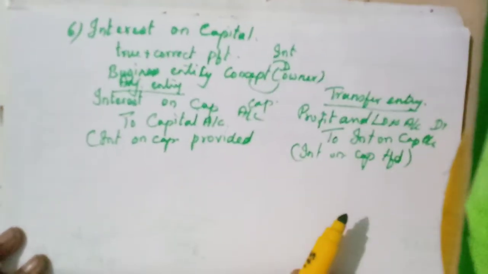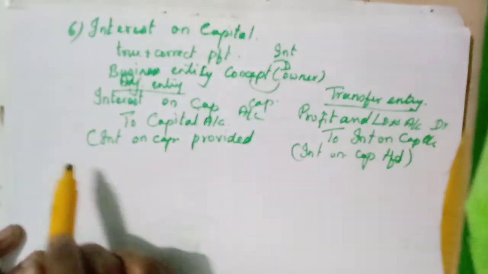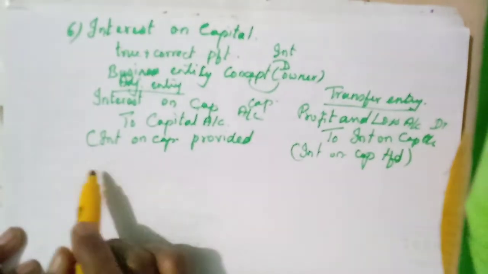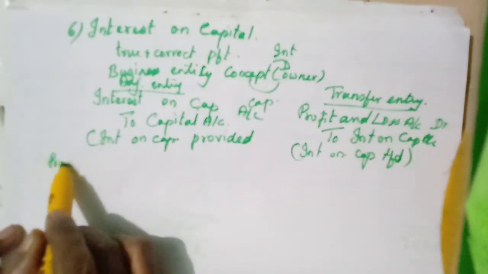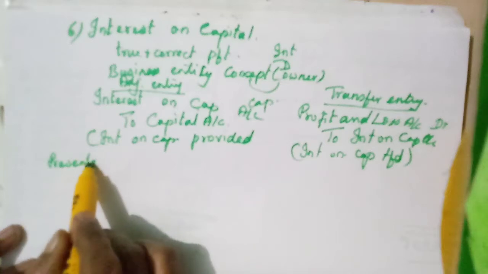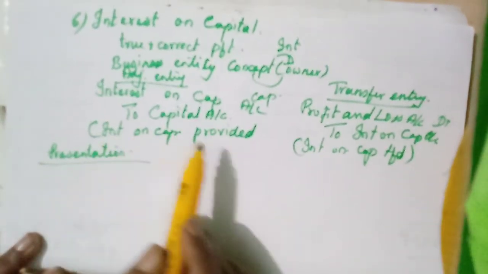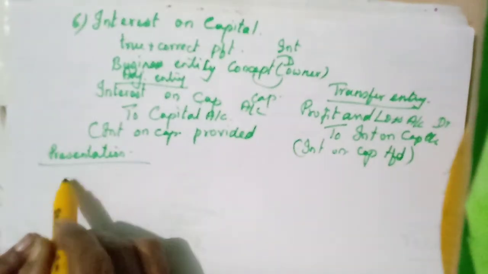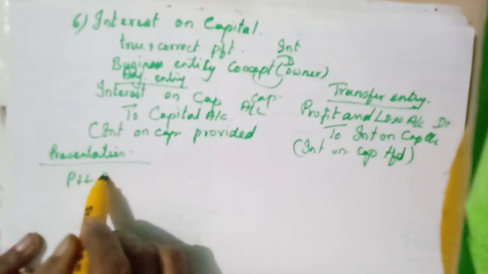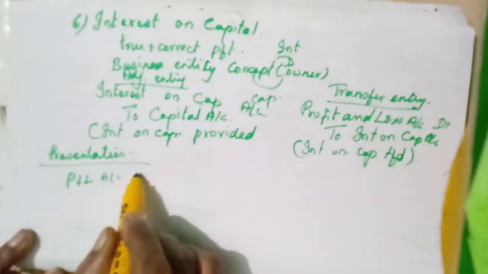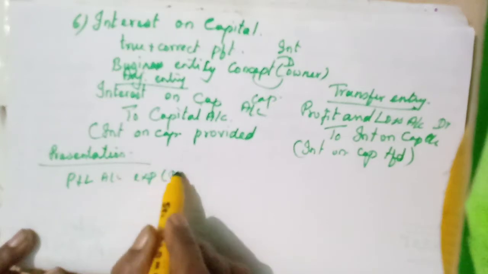Okay. Two entries. One is the adjusting entry, the other is the transfer entry. Interest on capital adjusted and transferred. Then how this will be presented in the final accounts, the presentation. It will appear in the profit and loss account, isn't it? Profit and loss account on the expense side or debit side.